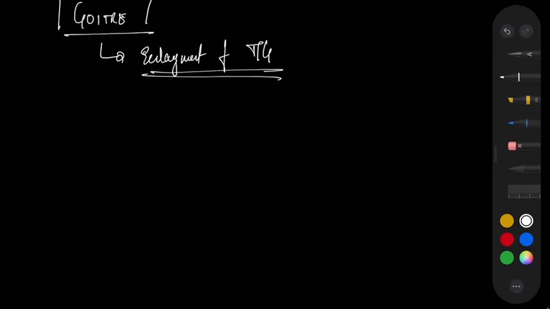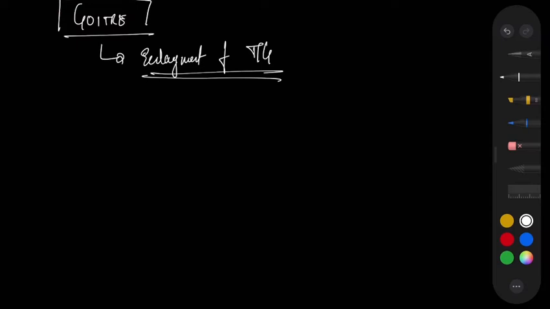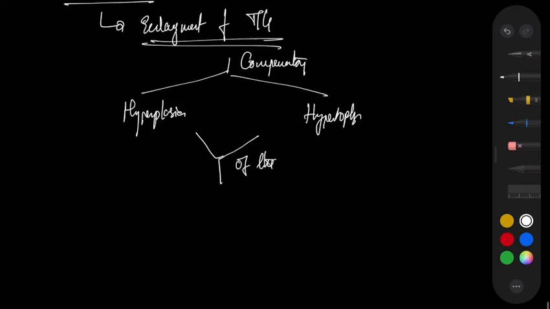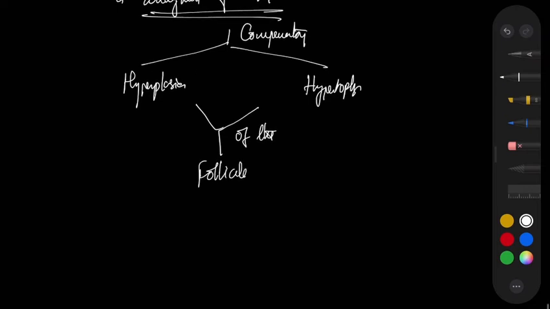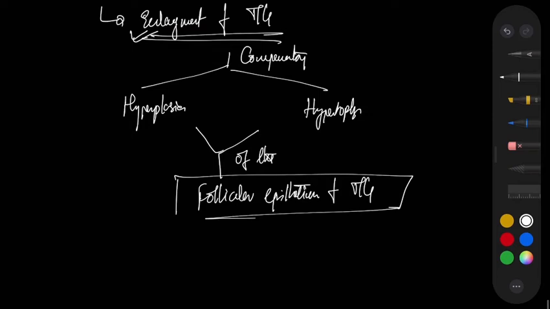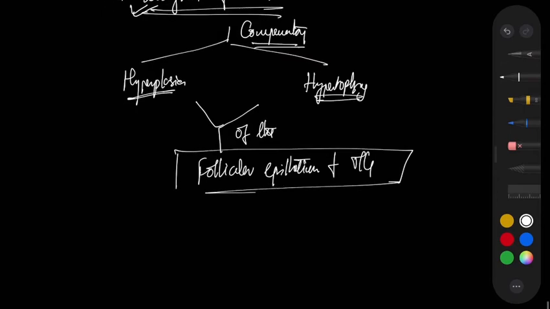Now this enlargement of the thyroid gland is caused by two things: compensatory hyperplasia and hypertrophy of the follicular epithelium of thyroid gland. So goiter is nothing but the enlargement of thyroid gland, which is caused by the compensatory hyperplasia and hypertrophy of the follicular epithelium of thyroid gland.